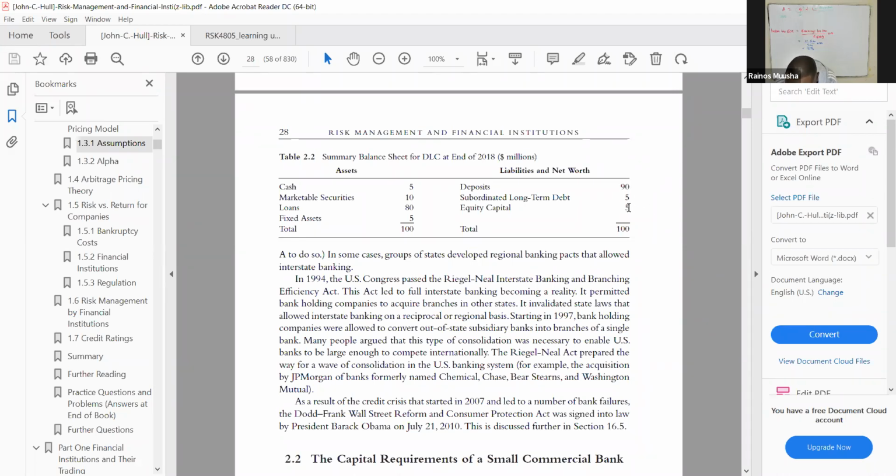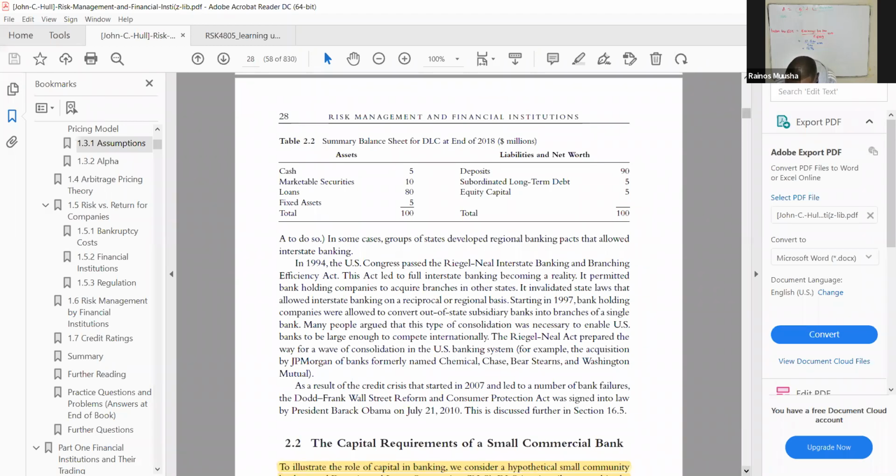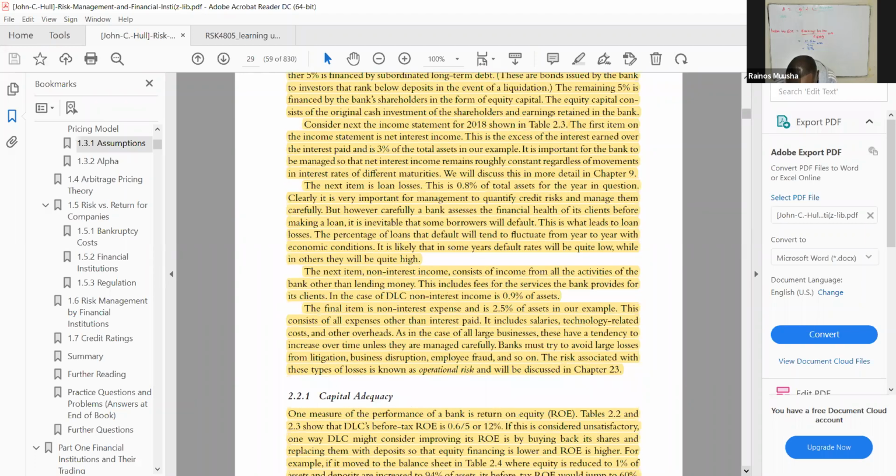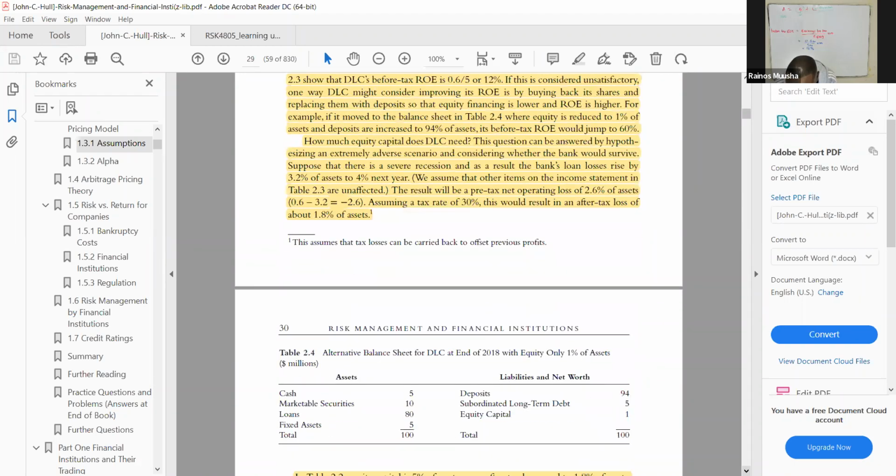If we increase deposits and use that money to buy back some of the equity, the balance sheet is going to look something like this, where deposits increase to 94 million. The extra 4 million is used to buy back equity, which means equity now becomes 1 million, which gives you the 100 million.